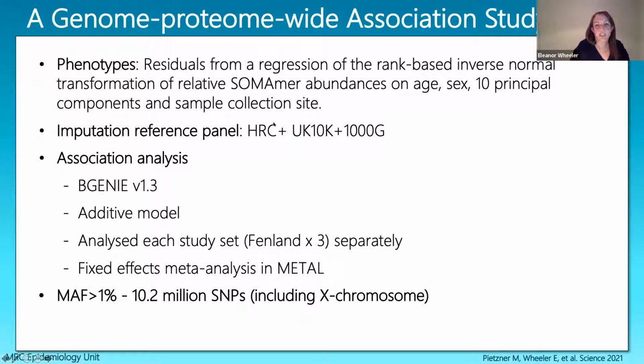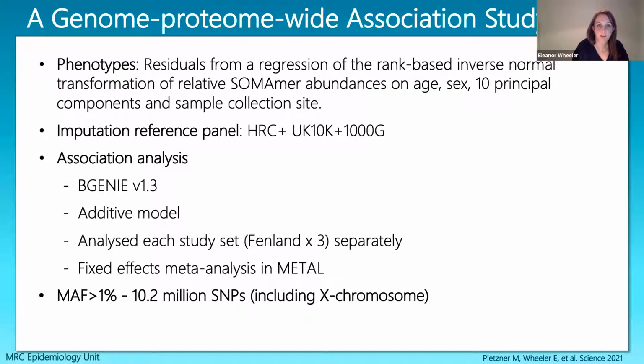The imputation reference we used was the HRC, plus the UK10K and 1000 Genomes imputation reference panel, which is also the one that's used by UK Biobank, if you're familiar with that. We performed association analysis using the software BGENIE under an additive model, and the Fenland cohort is actually genotyped using 3 different genotyping arrays.